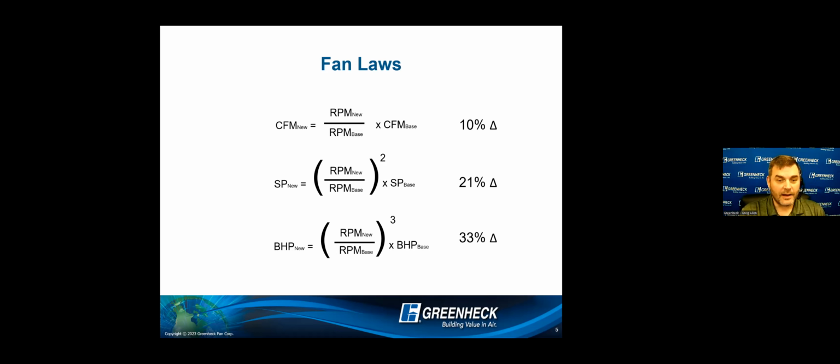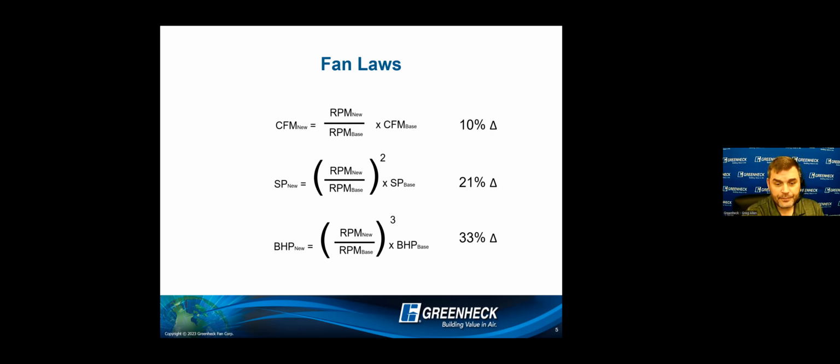These laws are tried and true, great information, especially off the cuff when you're looking at minor or major changes using existing equipment. Simple rules you can go through and say, okay, if I need 10% more volume out of this air mover, I can expect to need 33% more horsepower. Look at your horsepower of what's in that fan and do I have it available?